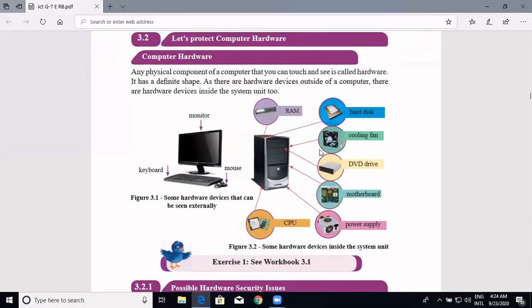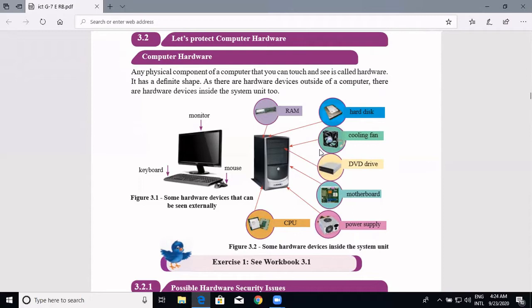Hardware is the physical components of a computer, right? That means what you can touch, tangible things. We call the tangible components of the computer hardware. Definitely they have a shape and you can touch them. Can you give me some examples? Keyboard, mouse, monitor.